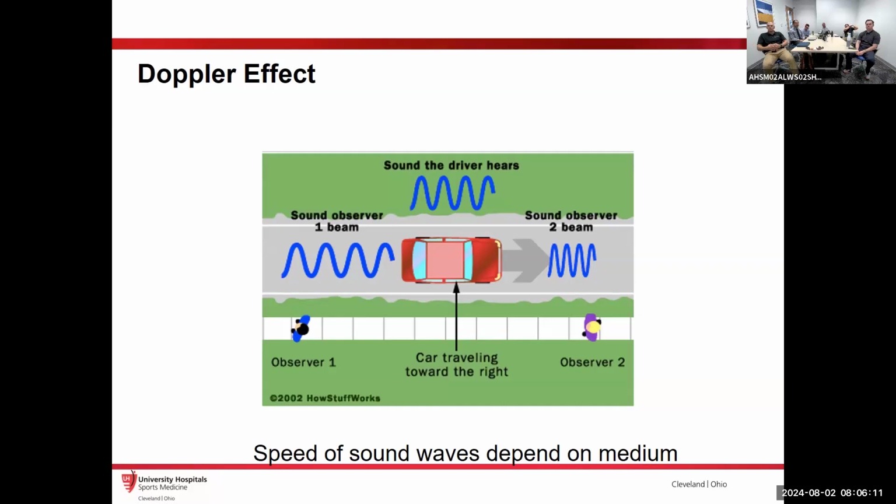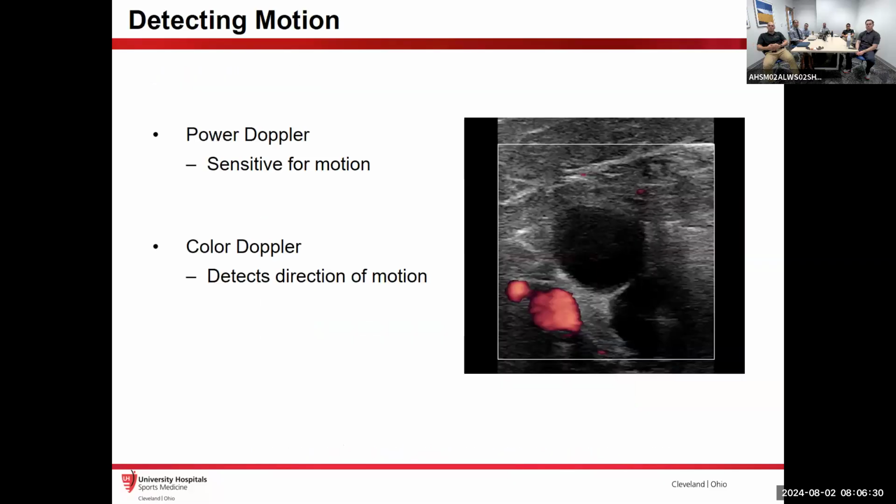If you're observer two, it is a higher frequency sound because it's coming towards you and compressing the sound waves as the car moves. And then traveling in the ambulance sounds even different because it's constant, right? Makes sense?